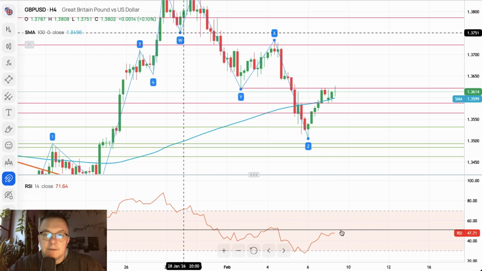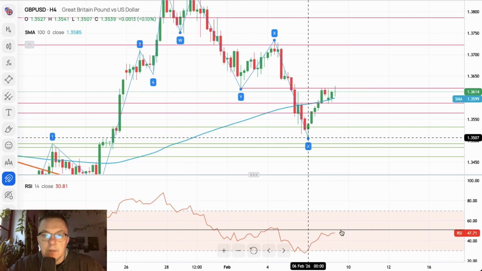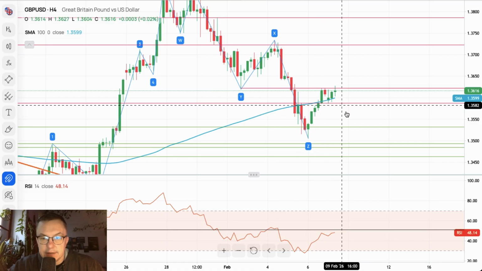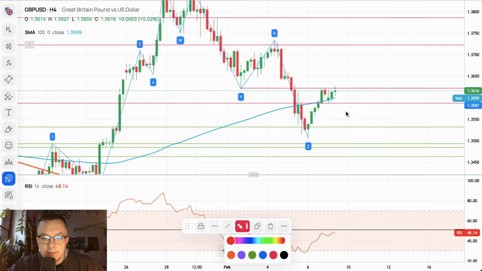Complex corrective cycle triple two had been completed at 1.3507, and now the market is ready to move higher. Not really sure about those resistance levels, as the market doesn't actually respond to this one. That one might be a little bit more confident, 1.3586.